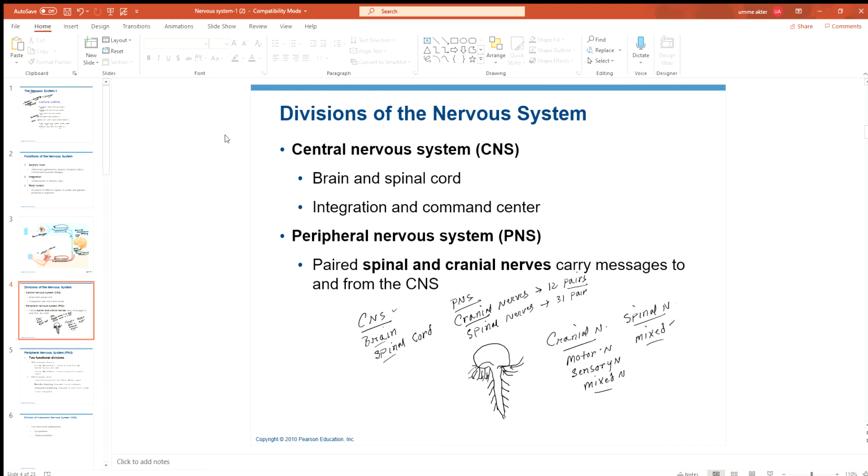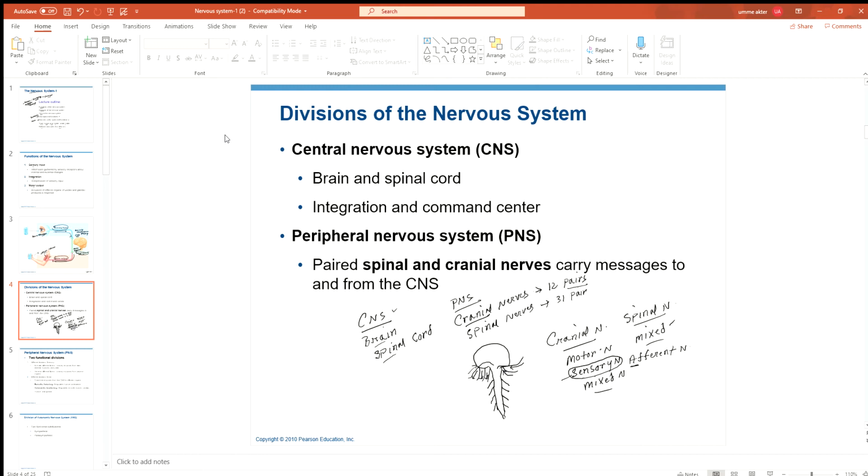Now, you know that sensory nerves take the signal towards the brain, and that's why sensory nerves are also called afferent nerves, arriving in the brain.